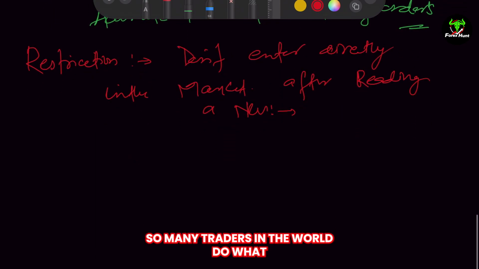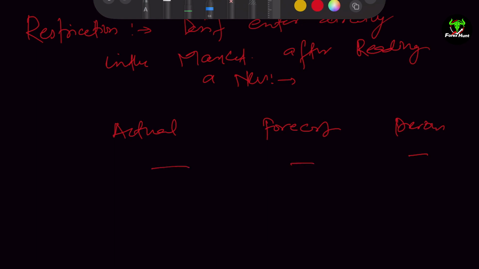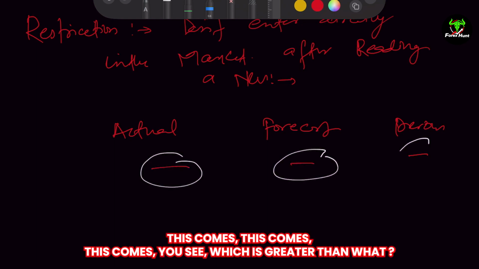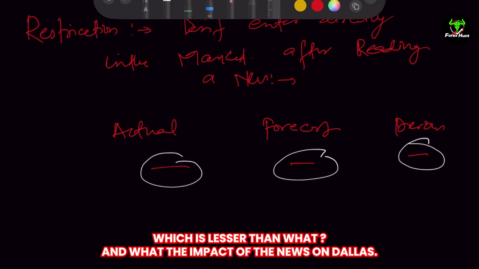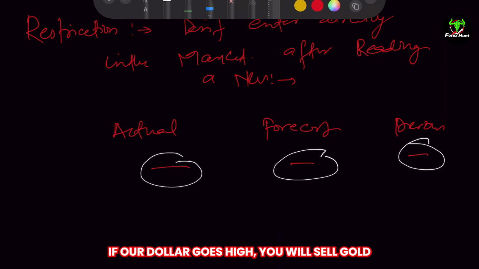Many traders in the world look at actual, forecast, and previous data. They learn the data, see which is greater than what and which is lesser than what, and the impact of the news on the dollar, and exactly the opposite reaction on gold. If the dollar goes high, you sell gold. If the dollar goes low, you buy gold.